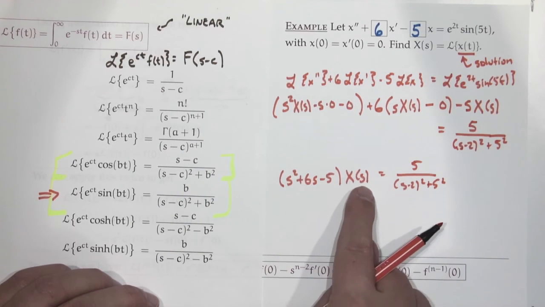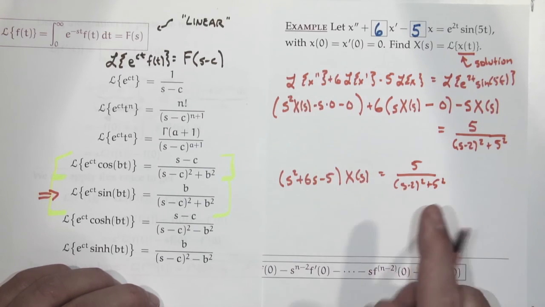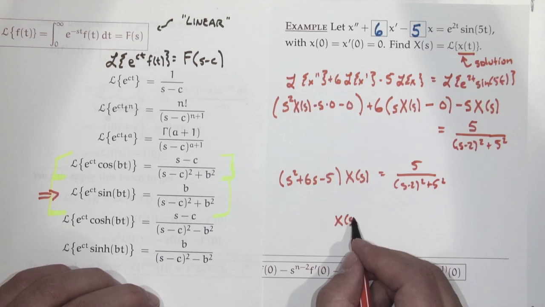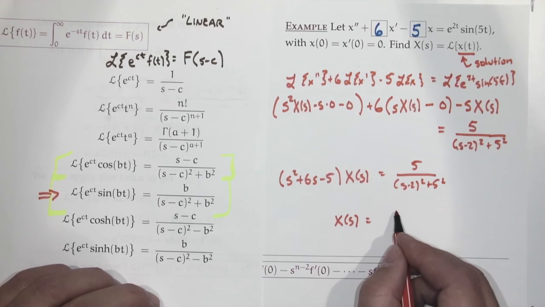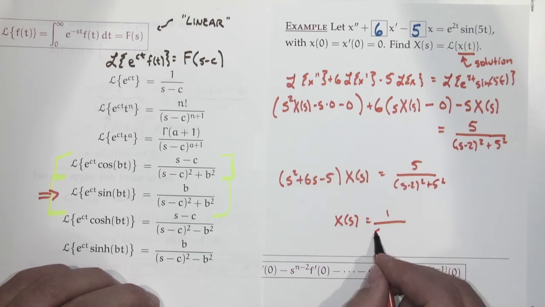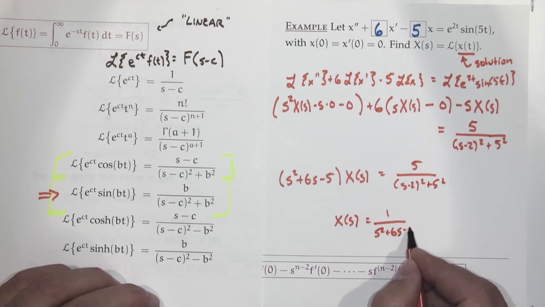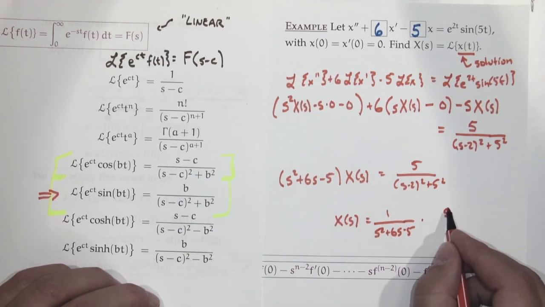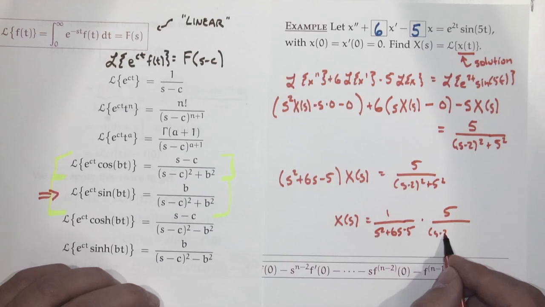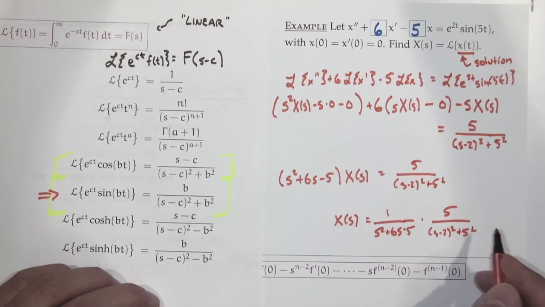Now, our goal was to find this. We're almost there. What is left for us to do? Move that other part across. So x of s is 1 over s squared plus 6s minus 5 times 5 over s minus 2 squared plus 5 squared.